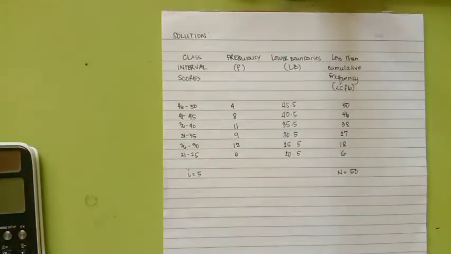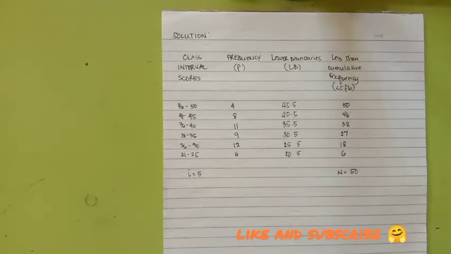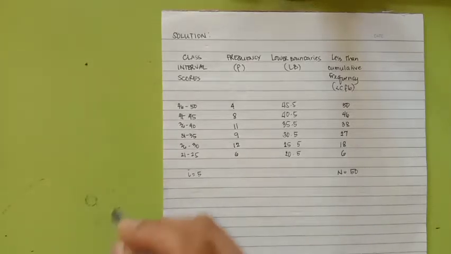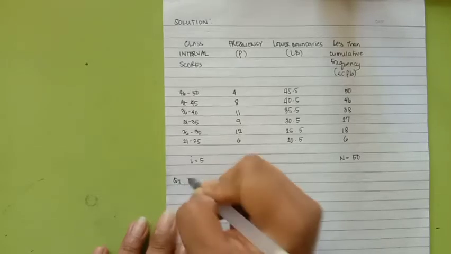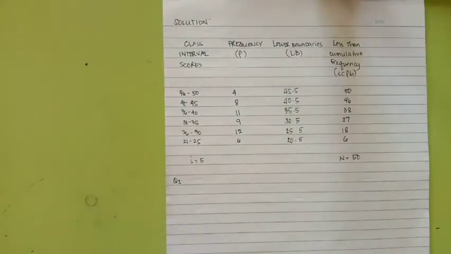Kung kompleto na yung ating table, pwede na nating kuhanin yung mga value ng mga variables natin. First, ang kukunin natin is the quartile 1 muna. Kung quartile 1 ang kukunin natin, we have to determine first the class interval of the quartile 1 na hinahanap natin.